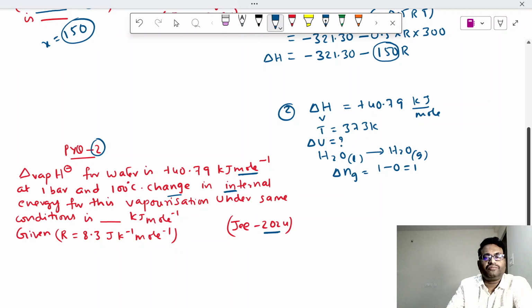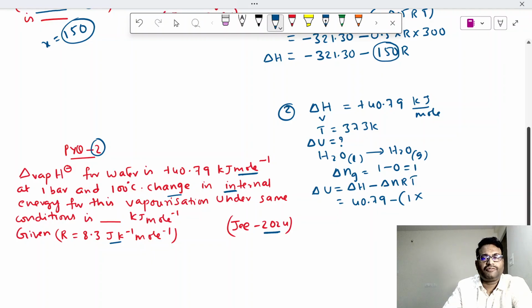Then delta U is equal to, we know, delta H minus delta nRT. Delta H is 40.79 minus 1 into R, value already given, 8.3.